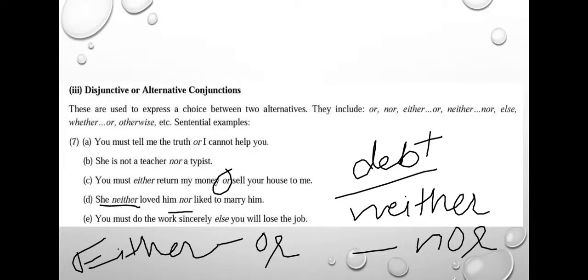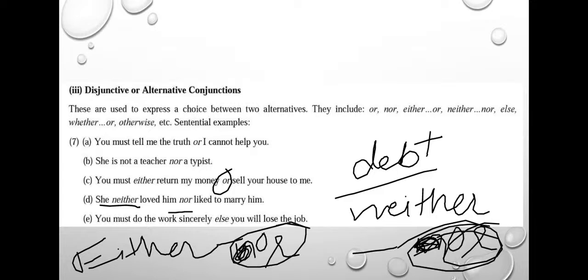They could confuse you using nor here and or here, but every time nor, every time or. The last one is, you must do the work sincerely, else you will lose the job. Work hard, otherwise you will fail. Two different ideas. You have choices: work hard or get lost.